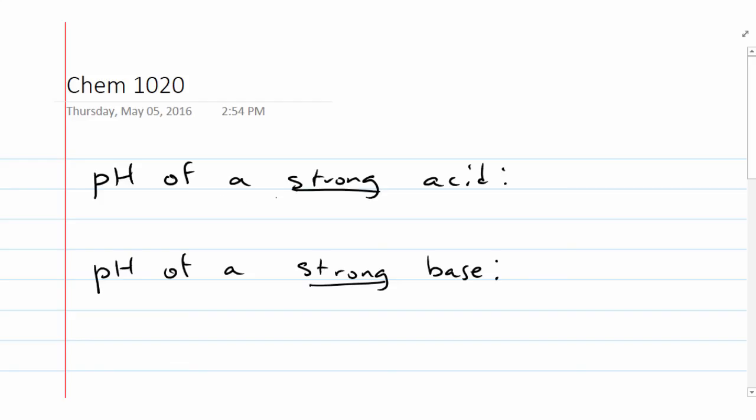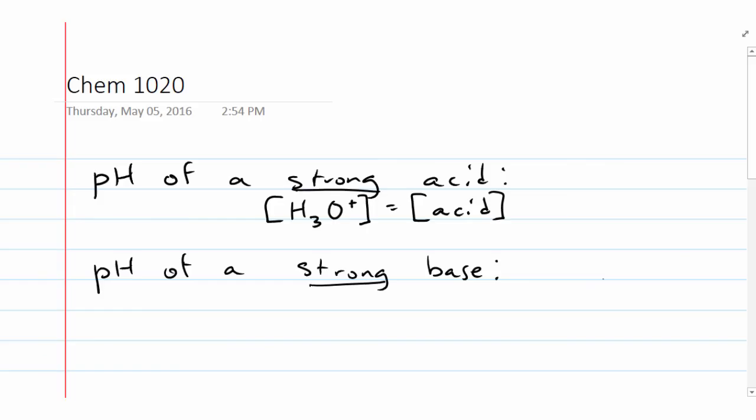So in order to calculate the pH of a strong acid, here's what we need to know. The hydronium ion concentration is equal to the concentration of the acid. Remember that the square brackets stand for molarity. So if I know the molarity of the acid, we also know the hydronium ion concentration.